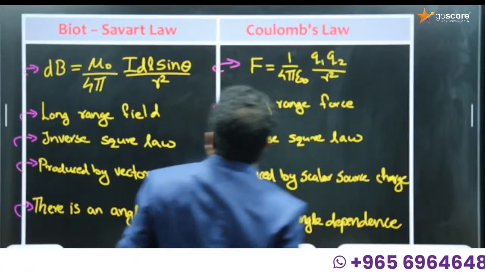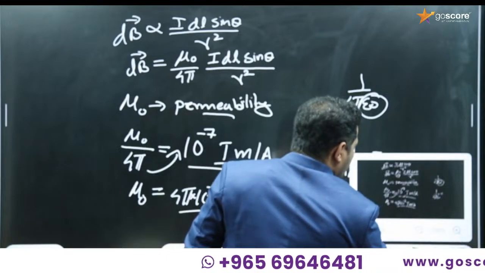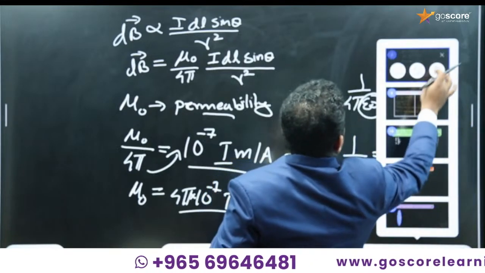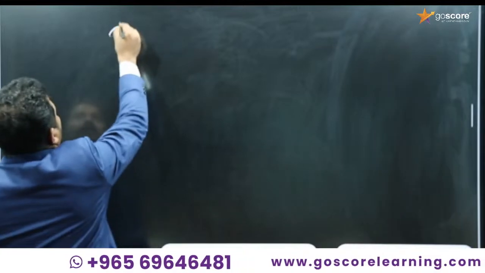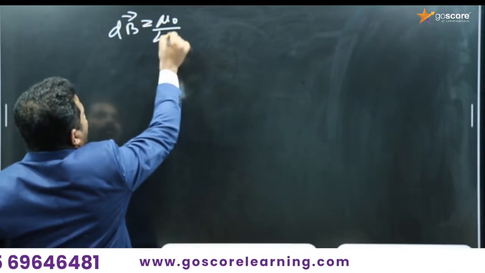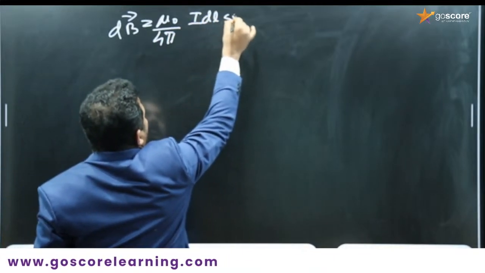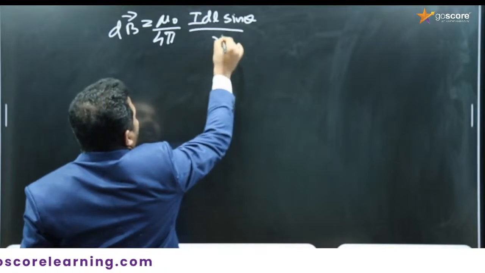Okay, so we have the expression dB is equal to mu 0 by 4 pi I dl sin theta by r square.